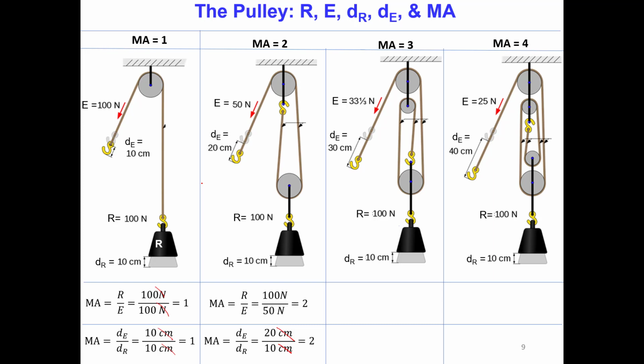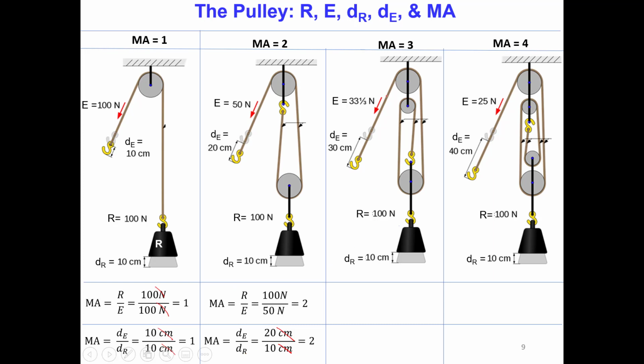If the force is reducing, the distance is increasing. And because the relation is inverse, on top we had the distance of the effort and here the distance of the resistance; we had the opposite of when we calculate the mechanical advantage using the forces.